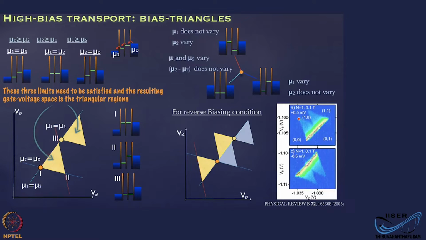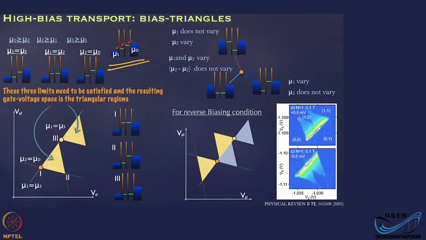What that means is the area in this region. So now we have three conditions: mu2 equal to mu d, this line; mu1 equal to mu s, to the left of this line, above this line, and to the right of this line. You have these three conditions met together, that represents the region where you are going to have non-zero current in this biasing condition.